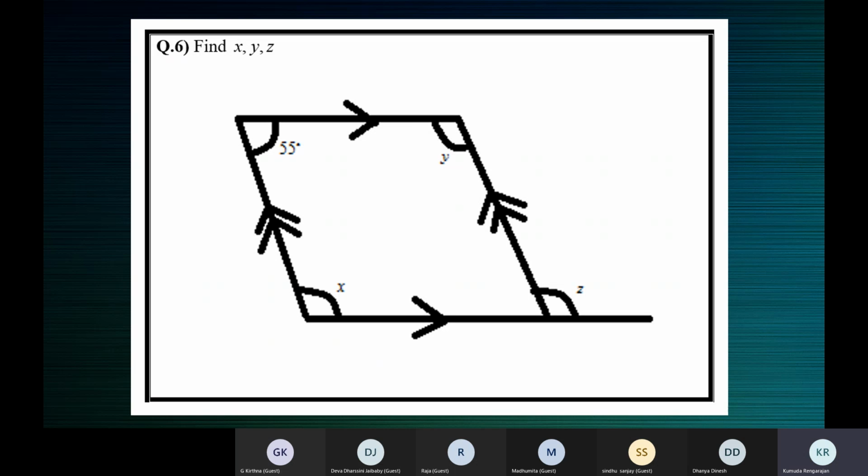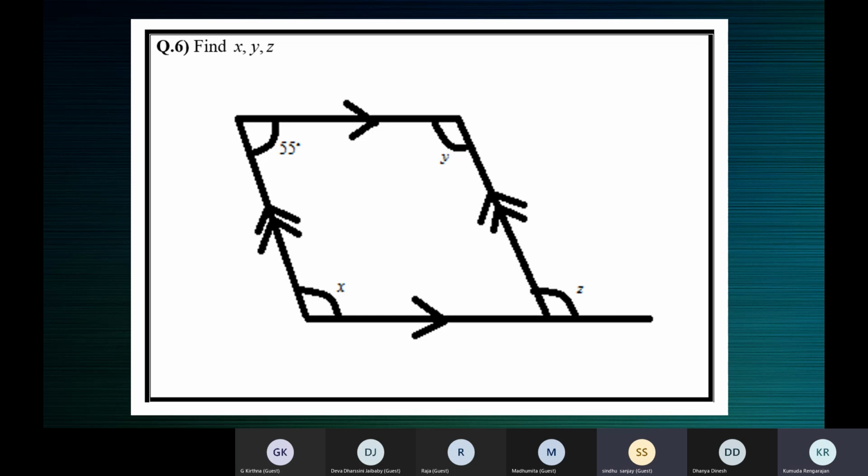We'll wind up today's session with this one. Find x, y, z. Find angle x, angle y, and z. Ma'am, first Y is equal to 180 minus 55. Okay, let's find x.